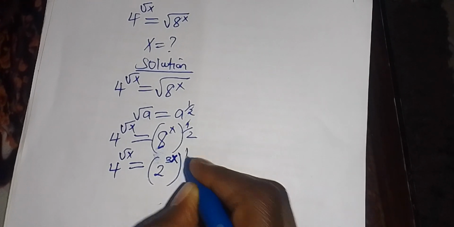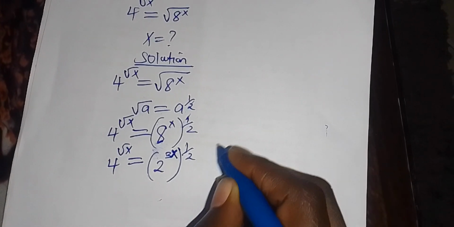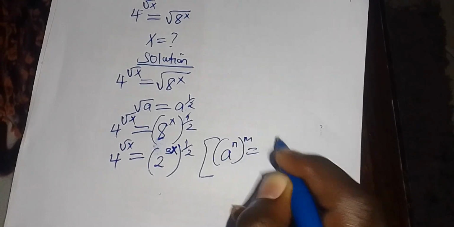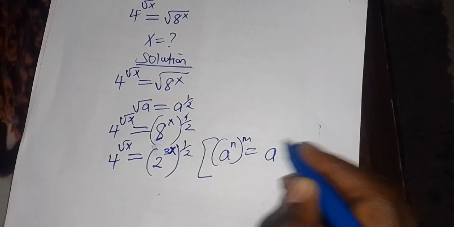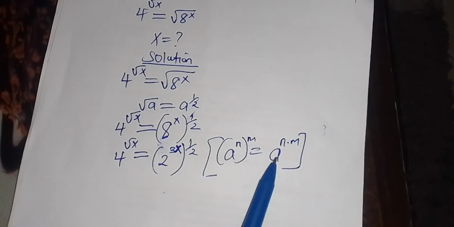Multiplying by x, and then everything raised to power half. Now applying the indices identity, that a raised to power n multiplying by m is the same as a raised to power n times m, we apply this identity.